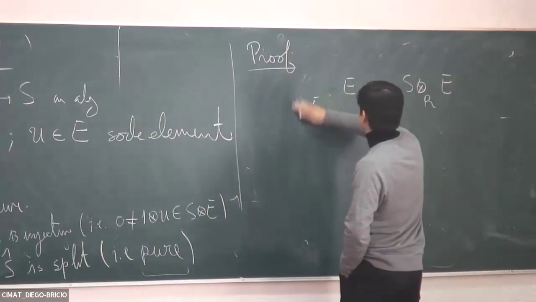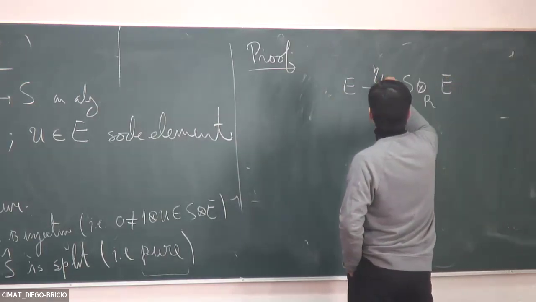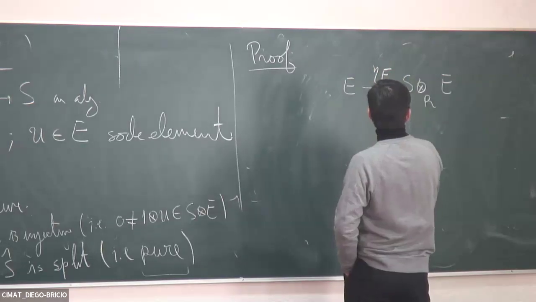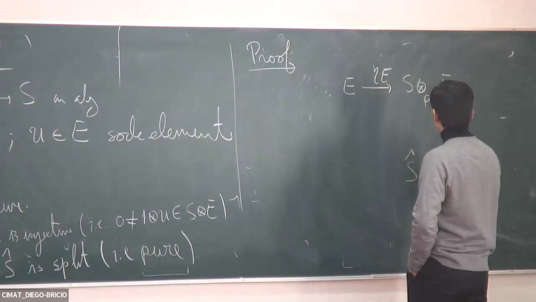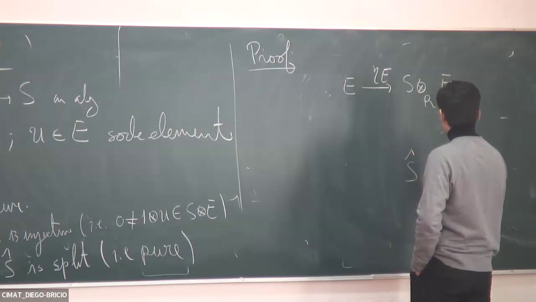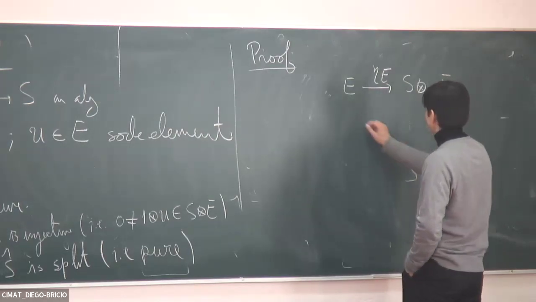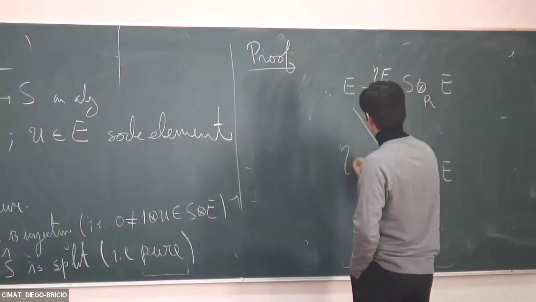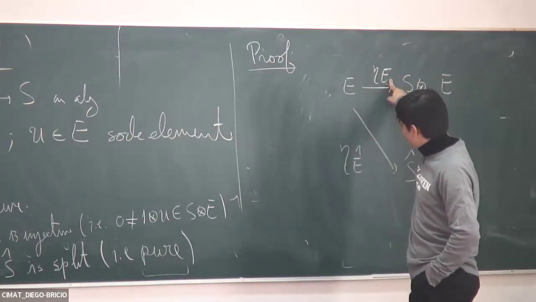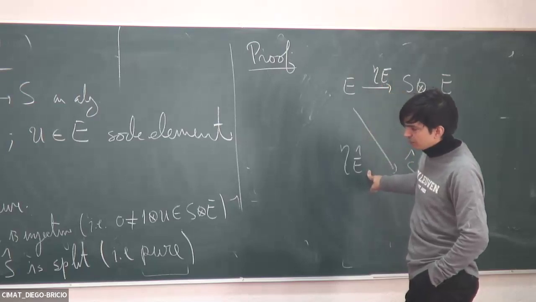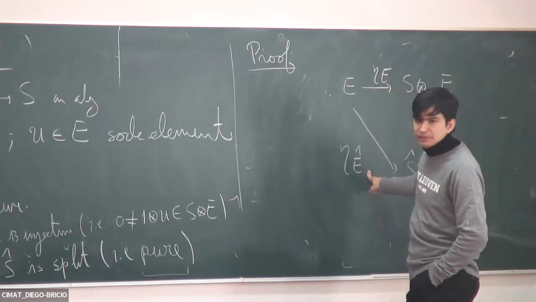Let's just put it here, eta E, right? But around here we have S hat tensor R hat E. So the injectivity of this is B, and the injectivity of this is C, by the corollary.